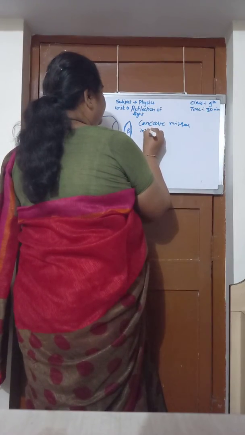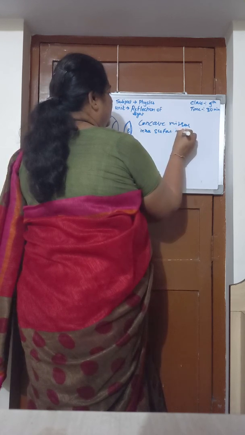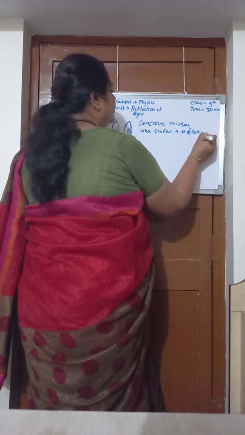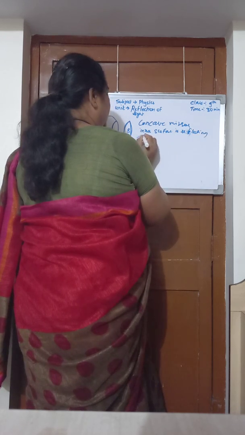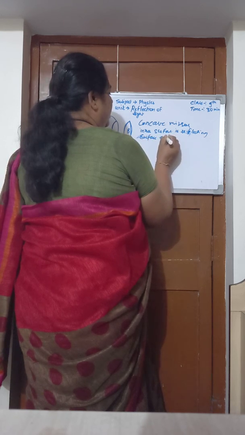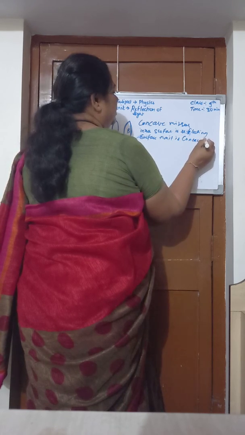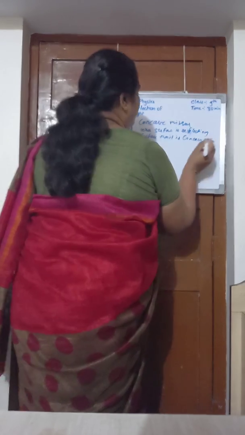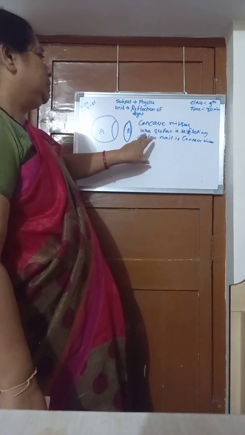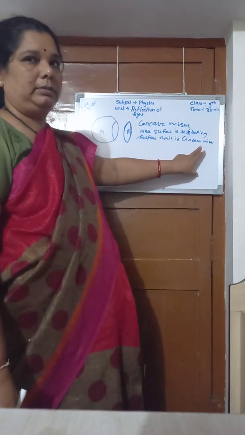Inner surface is a reflecting surface, then it is a concave mirror. Okay, got it up to this? Then who will tell me, concave mirror? Inner surface is the reflecting surface, then it is called a concave mirror.